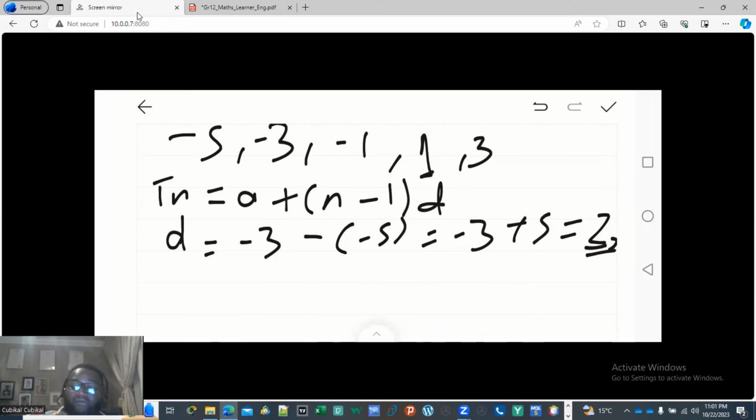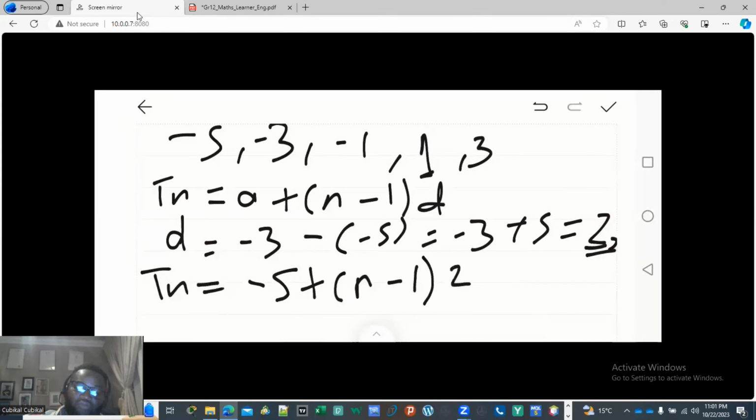And when we get the 2, then what we're going to do is determine Tn. So minus 5 is the first term. It's going to go in the place of an a. And we're going to add n minus 1 multiplied by a 2. And then if you want to solve this a little bit further, we're going to have minus 5 plus a 2n minus a 2.